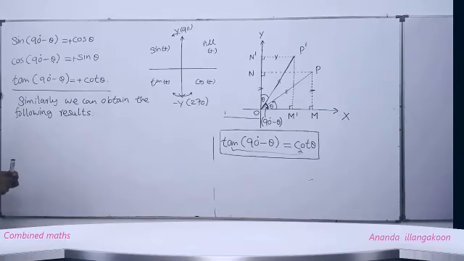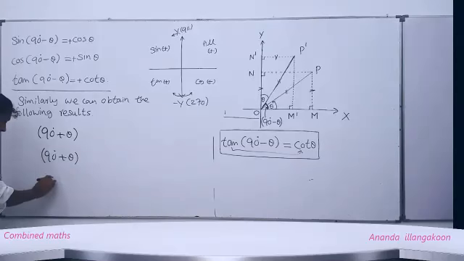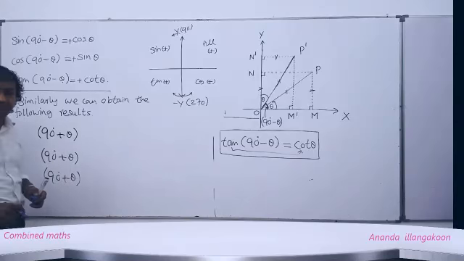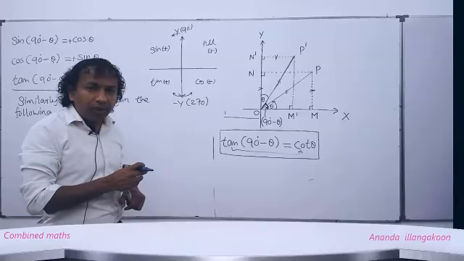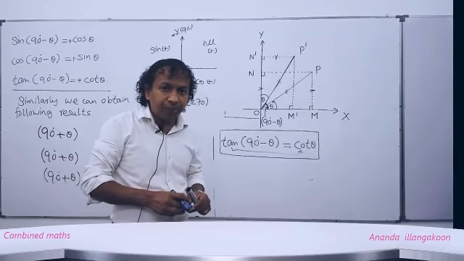Right. Next angle is what, people? 90 plus theta. First angle is on the y-axis. Where is this angle? When this OP creates this angle, where is this OP? In the second quadrant.